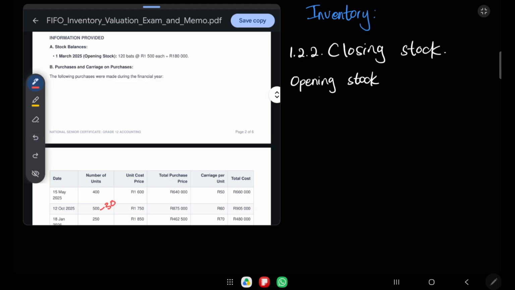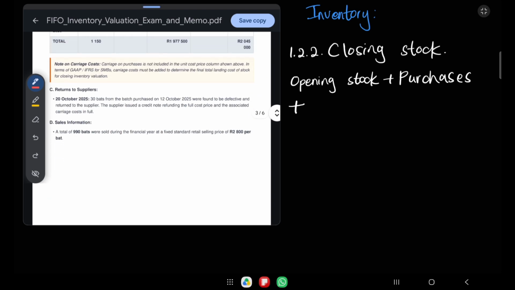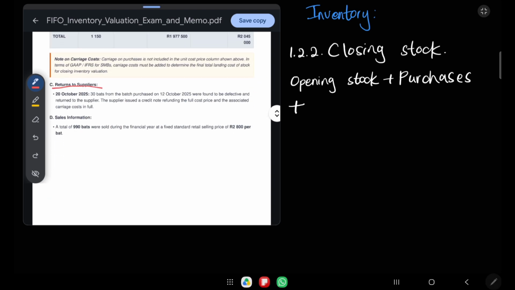Do you think we should add or subtract our purchases? We should add it simply because it's something that we are getting. Okay, let's add our purchases. What else do we have? We have returns to suppliers. In terms of the returns, do you think that we should add or subtract them?